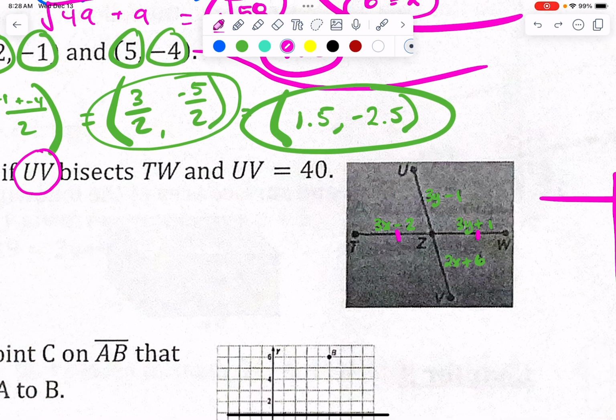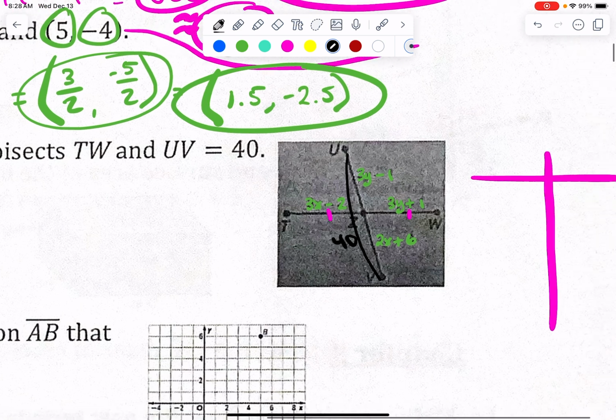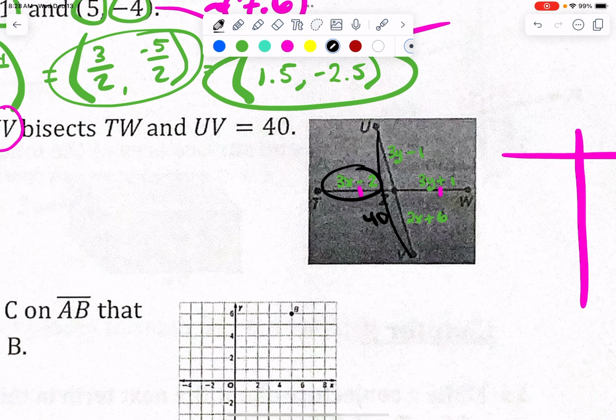Okay, let's see what we've got. It says UV is 40, so the distance from here to here is 40 units. I'm going to write out what I know, and then we will solve this. This side is equal to this side: 3x minus 2 is equal to 3y plus 1.